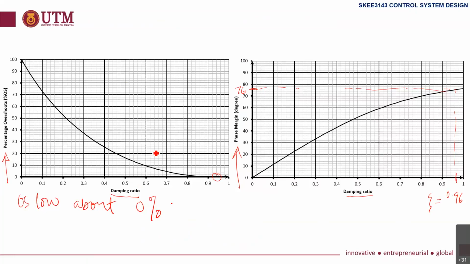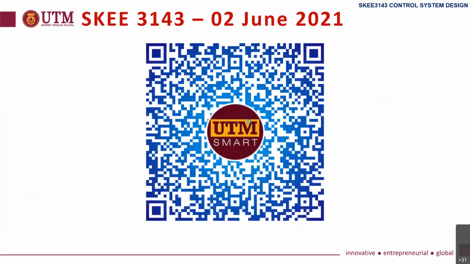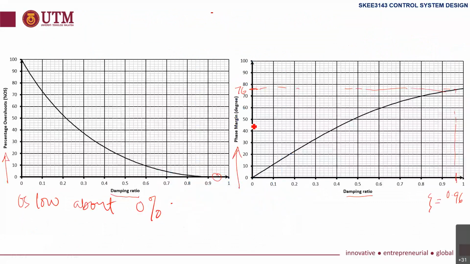Okay? But for this study, just to answer this question, we want overshoot 20%. We want to design K so that we achieve overshoot 20%. So what we do, we want 20% overshoot. Then from here, we take 20% overshoot.